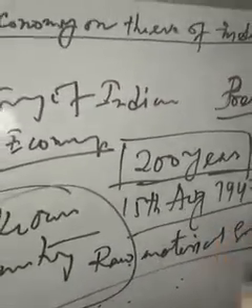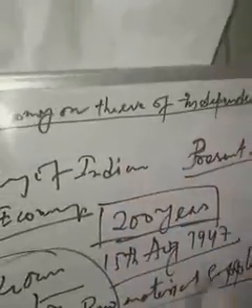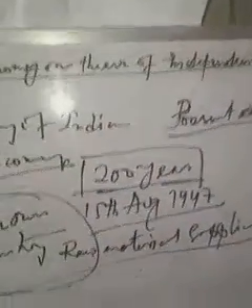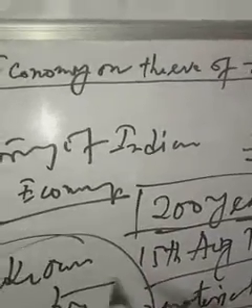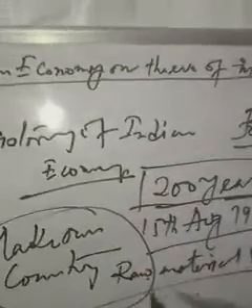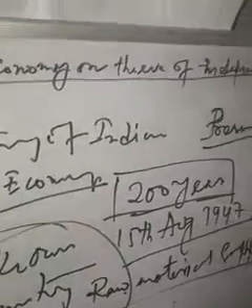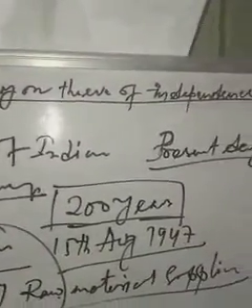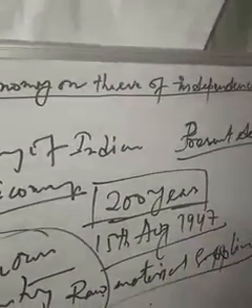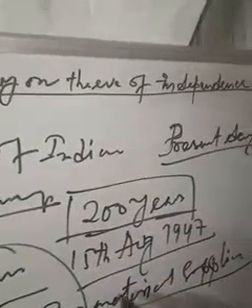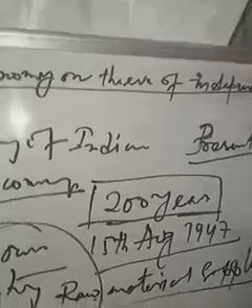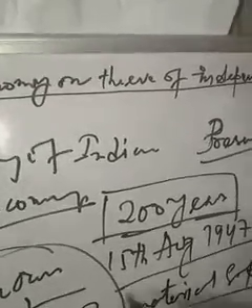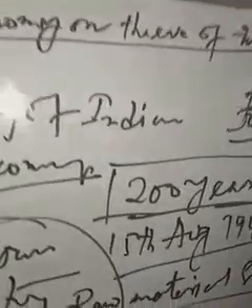So this is the basic concept on the eve of independence: the British wanted to make our country a raw material supplier and a consumer of finished goods. In these 200 years they tried to destroy the agriculture sector, industrial sector, foreign trade, all these things, for their own purpose, for their own interest.